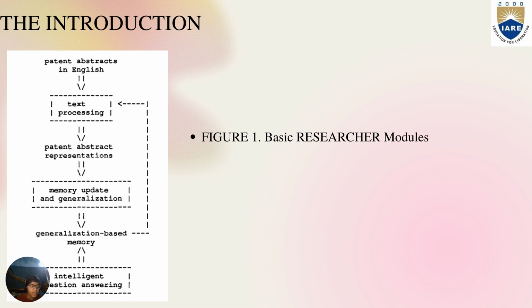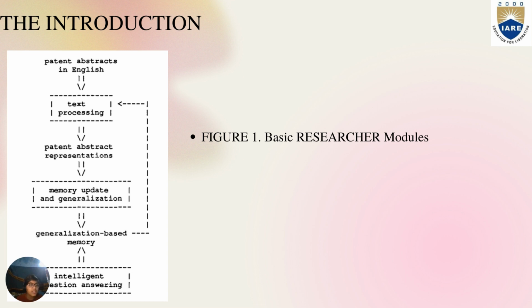So what is happening is it will read the text. If there is any new word, then it will generalize it and store it in the memory, which is the generalization-based memory. Then it will recall the memory and ask whether it has a reference to what is being read. If yes, it will again go to text processing, to clearly understand what the text is intended to say. Then there is intelligent question answering.